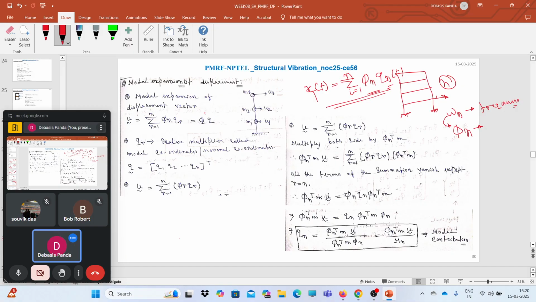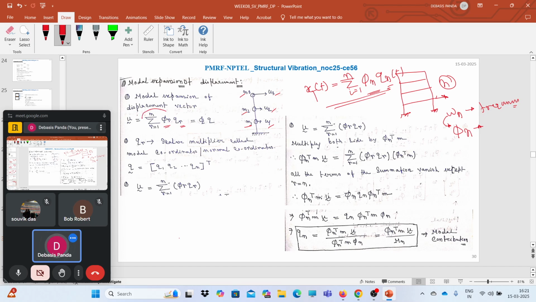Now how we can express the question further, if we want to explain this question, like if we have this 3 degree of freedom system, say we have masses m1, m2 and m3 corresponding to degrees of freedom u1, u2 and u3, how can we solve the responses? We know the modal displacement of this system is nothing but the summation of the mode shape into generalized coordinate.